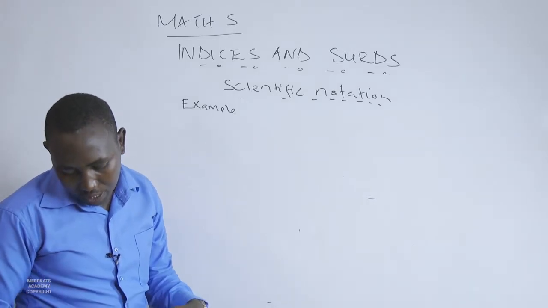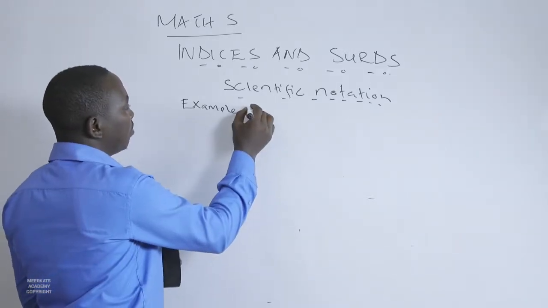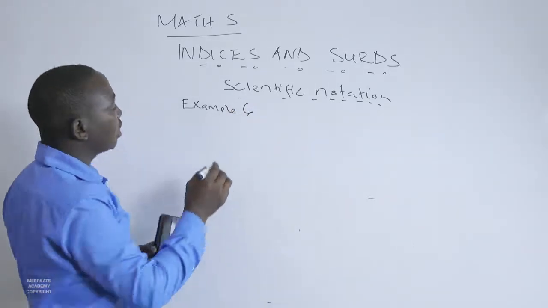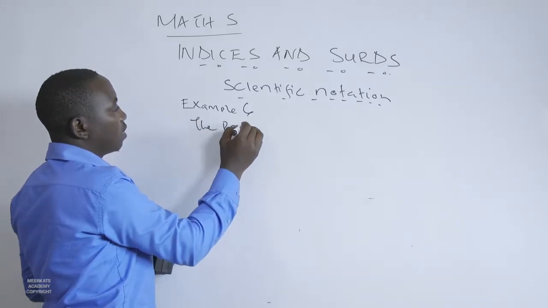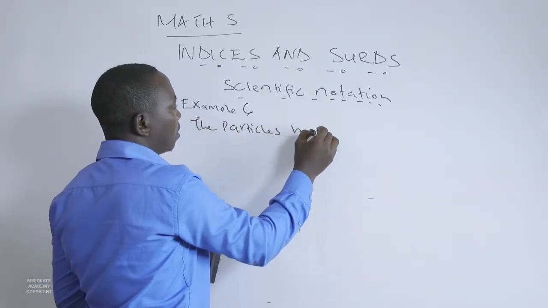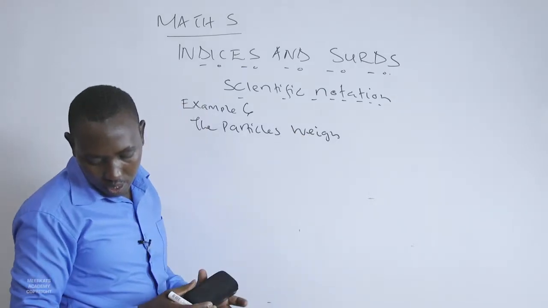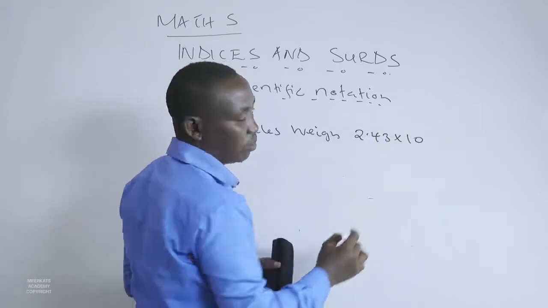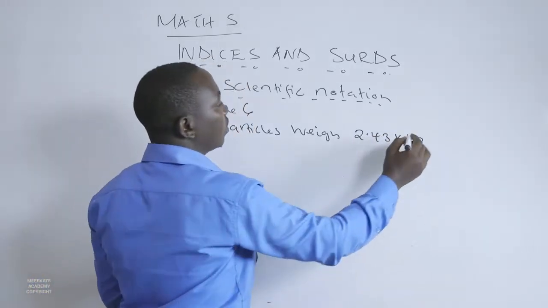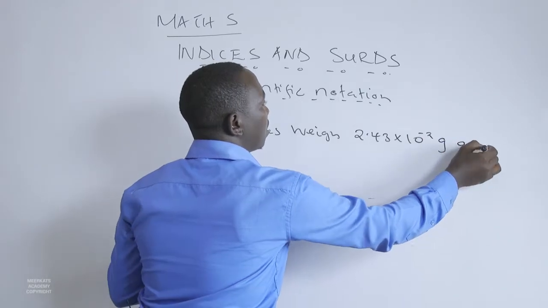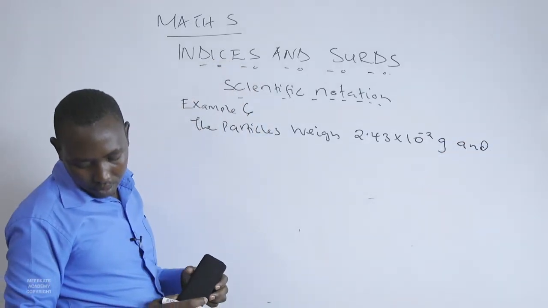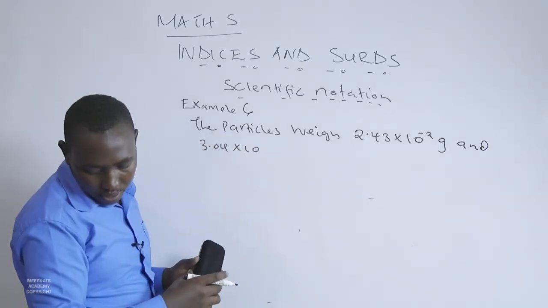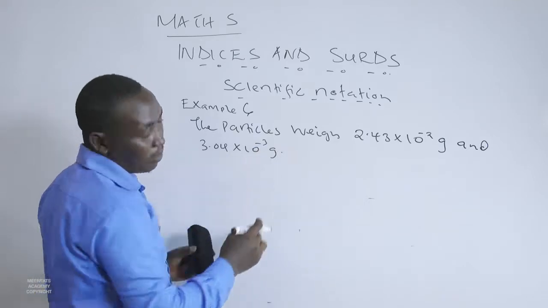I want to consider the last example, example 6, where we are told the particles weigh 2.43 multiplied by 10 raised to negative 2 grams and 3.04 times 10 raised to negative 3 grams.